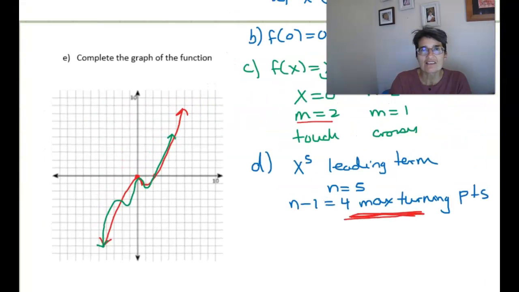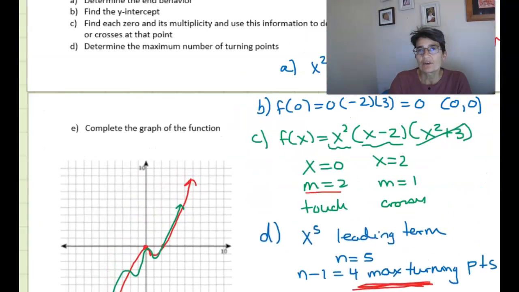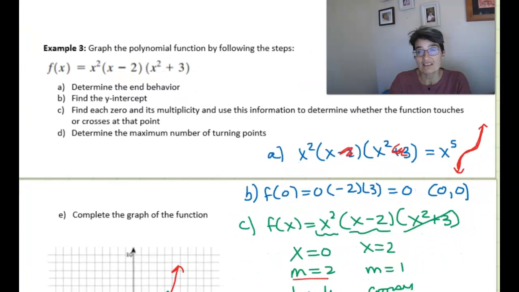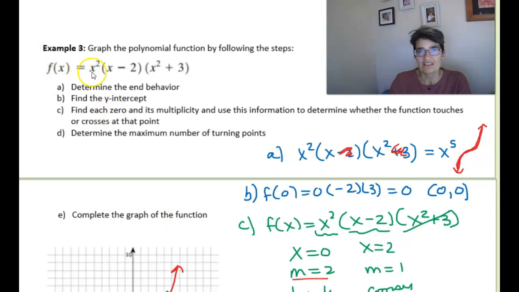Good. That's it for the section. We're going to talk more about zeros of polynomials in the later section. We're going to start with a function not in factored form and try to figure out what the zeros and the x-intercepts are if it's not already factored.